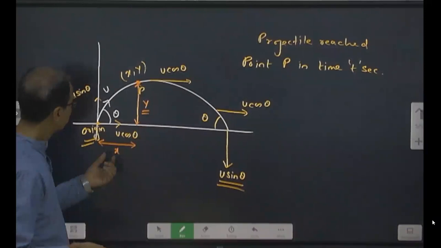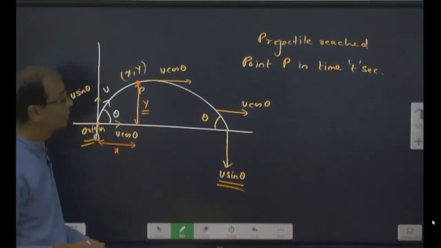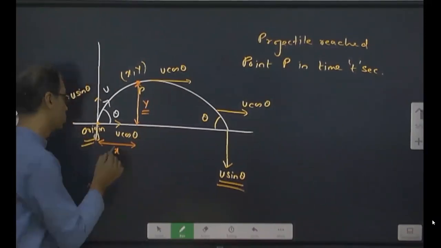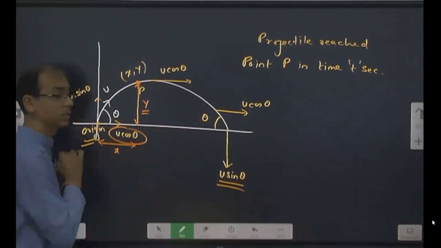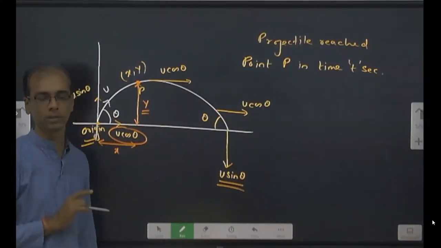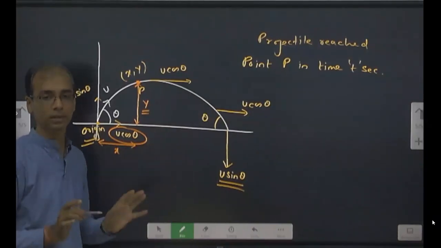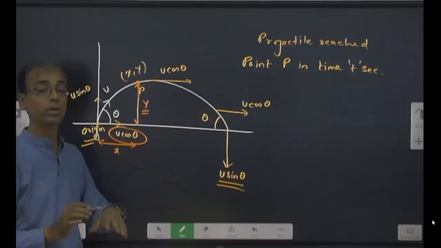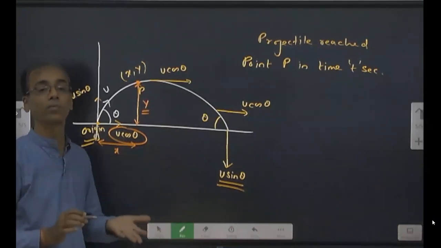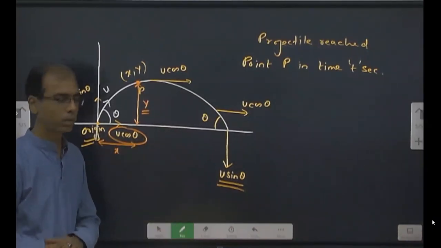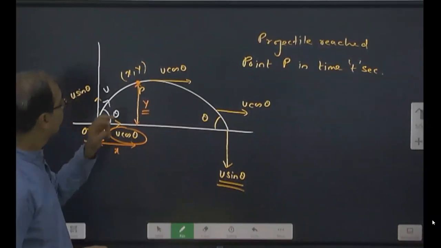Okay. So along the x-axis, with what speed are you traveling? u cos theta. As I told you, when you talk about horizontal distance, you have to consider horizontal velocity, horizontal acceleration, everything horizontal. When you talk about vertical motion, you have to talk everything about vertical. So this x coordinate, I want to find the x coordinate.